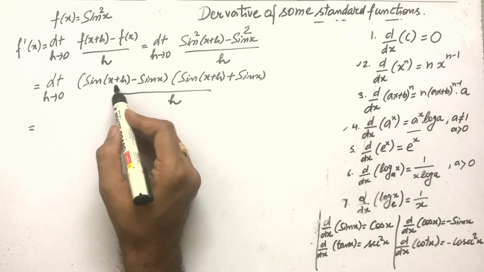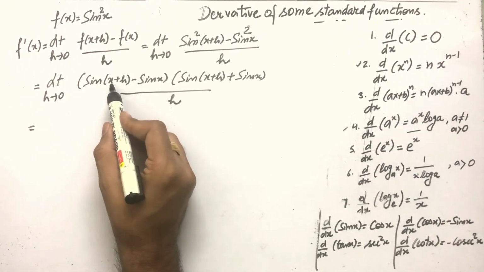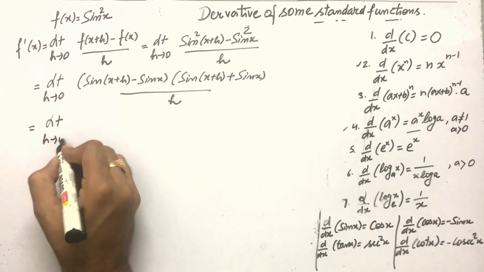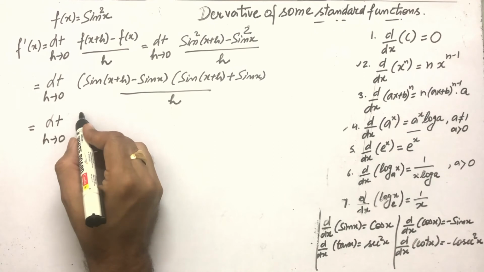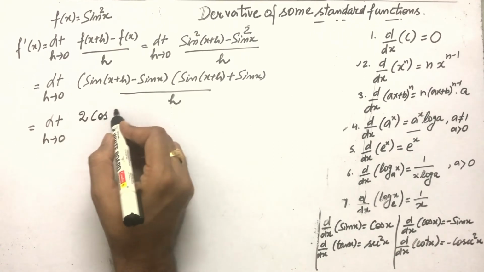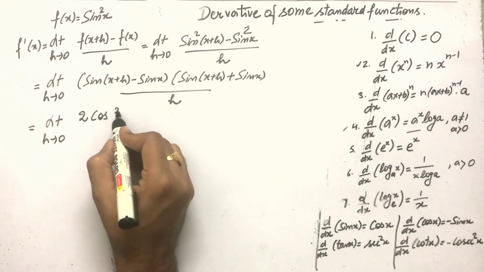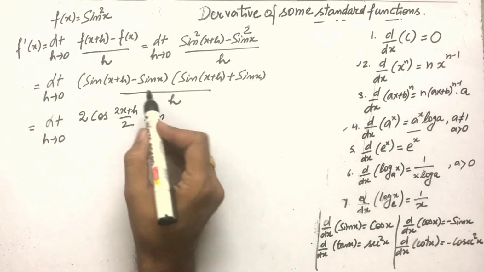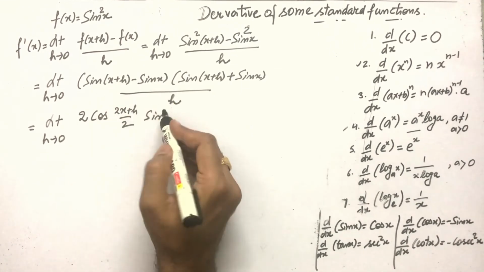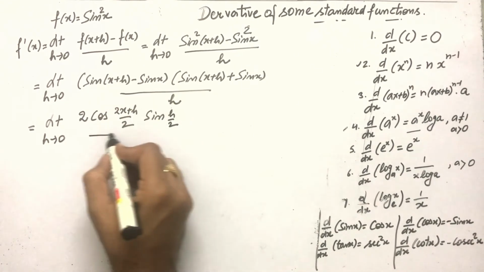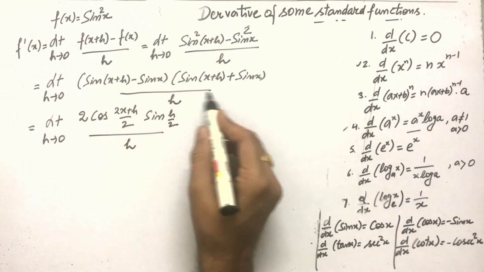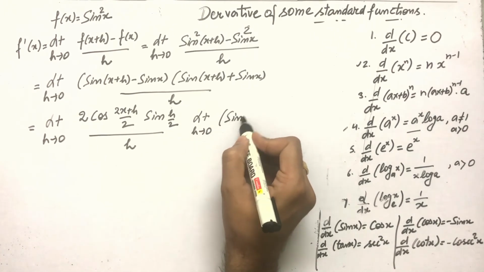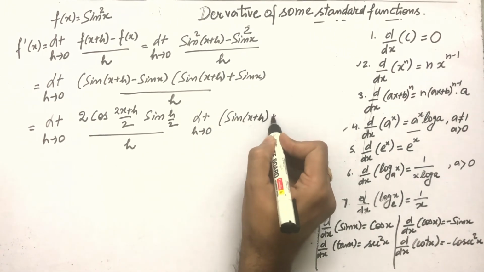So very easily we know the C D formula, sine C minus sine D. Let us use that formula here. And by that formula, we have 2 cos (C plus D)/2, that is (2x plus h)/2, and sine (C minus D)/2, this minus this, so x will cancel, h by 2, whole by h. And second part, limit h tends to 0, sine (x plus h) plus sine x.